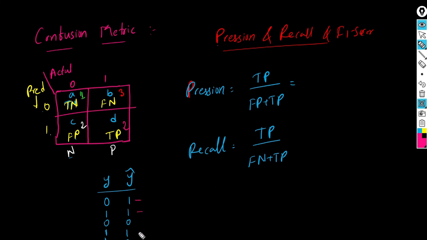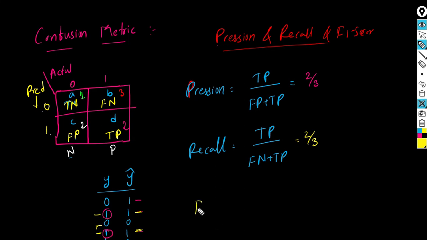These 3 are predicted as positive, in which actually true are these 2 points. That means precision is 2 by 3 here. Now for recall, the denominator is actually true, which means these 3 are true, and predicted also true are these 2 points only. Here also 2 by 3.